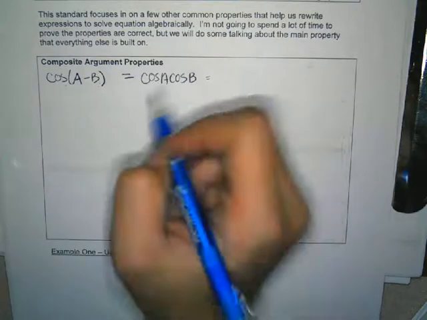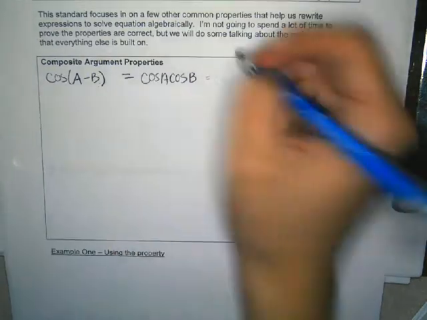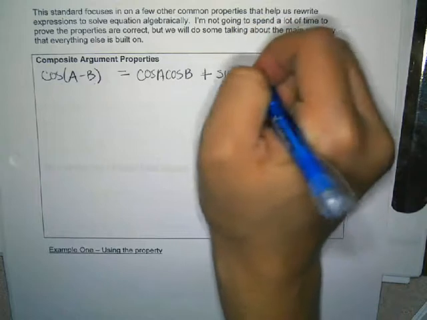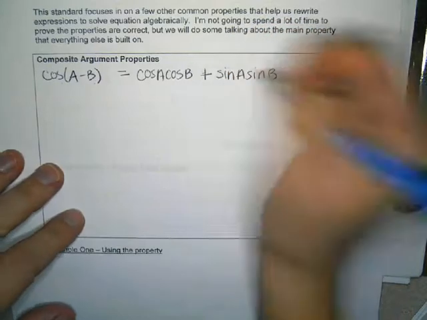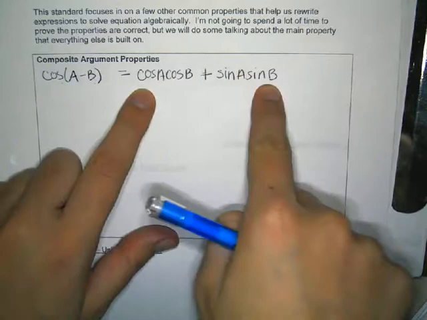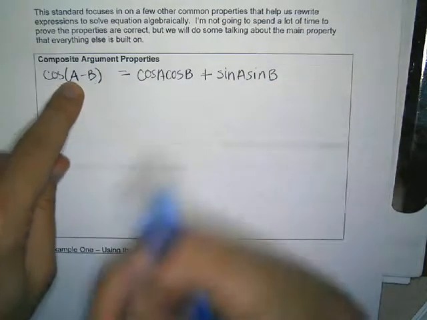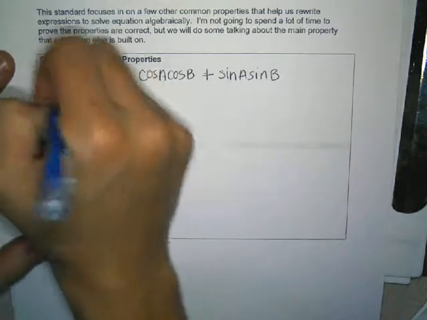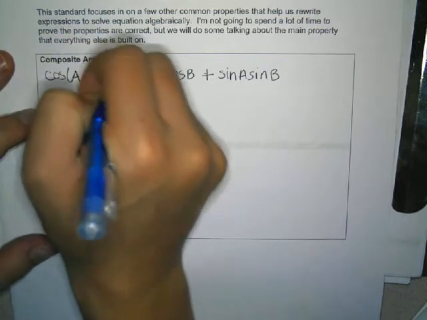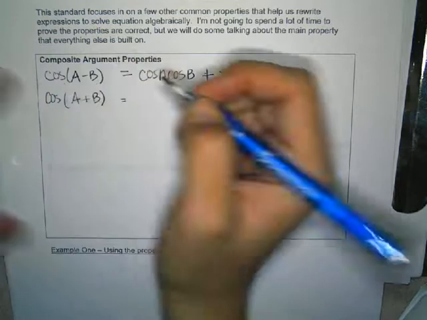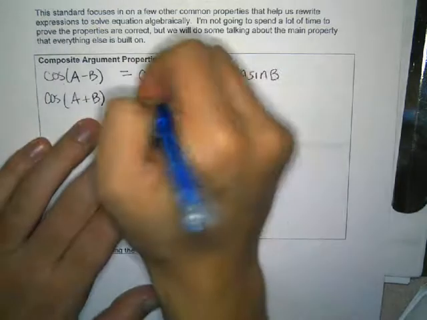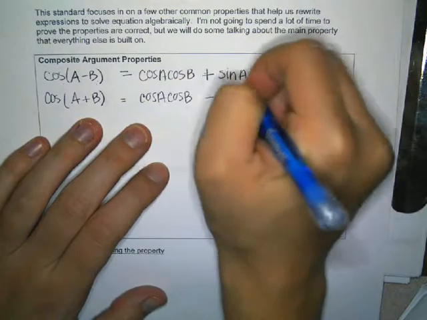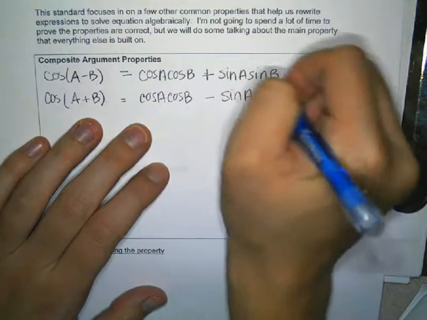And the property is that cosine A times cosine B plus sine A sine B. So whatever the value of this is would be the same as the value for this. Then we have cosine of A plus B, because you could add two things in the argument. You'll notice it's the exact same property, you're just subtracting. Okay, so there's cosine.